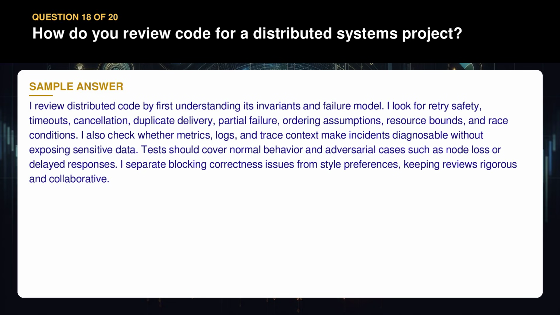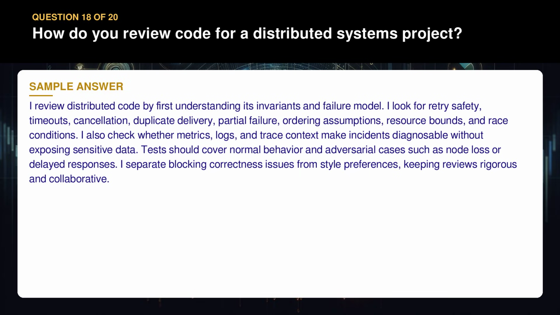I review distributed code by first understanding its invariants and failure model. I look for retry safety, timeouts, cancellation, duplicate delivery, partial failure, ordering assumptions, resource bounds, and race conditions. I also check whether metrics, logs, and trace context make incidents diagnosable without exposing sensitive data.